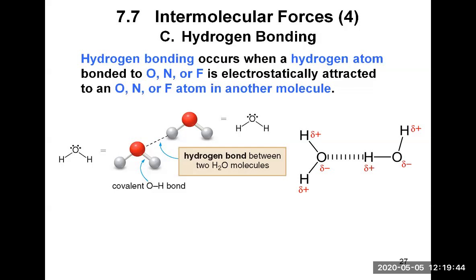Remember how intermolecular forces are forces that act between molecules. Inter means between, molecular refers to molecules. So it's forces that act between molecules. And it's not bonding, even though here it says hydrogen bonding.